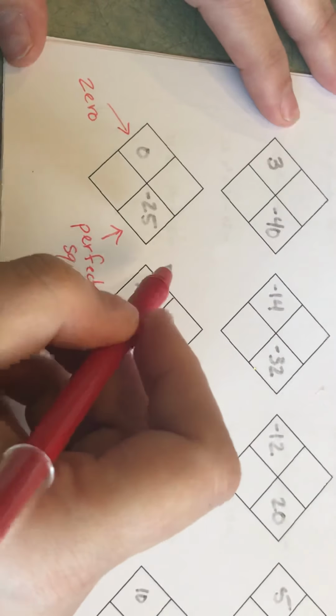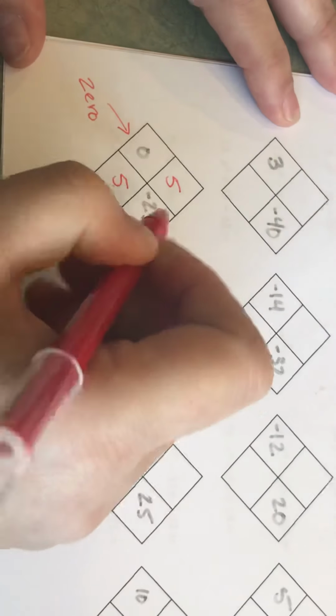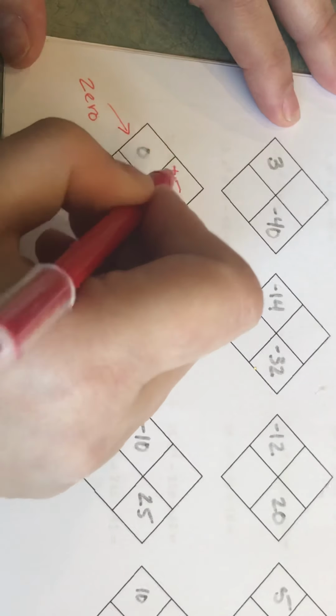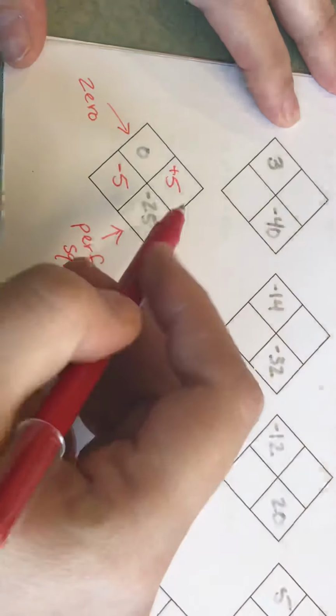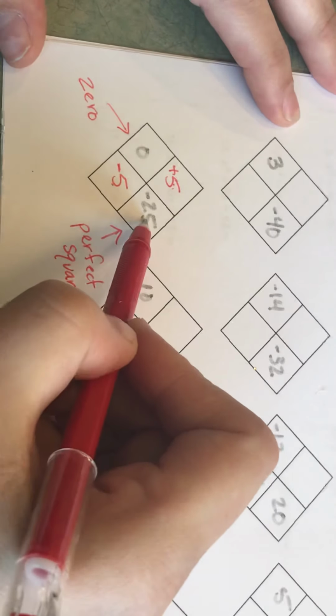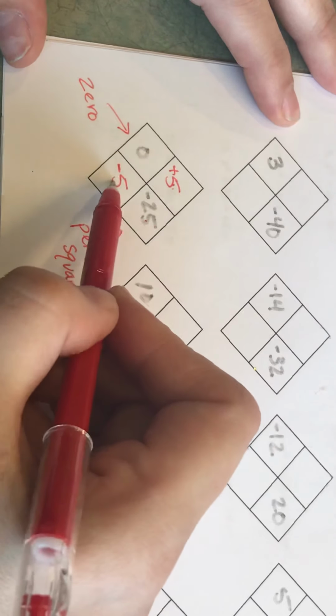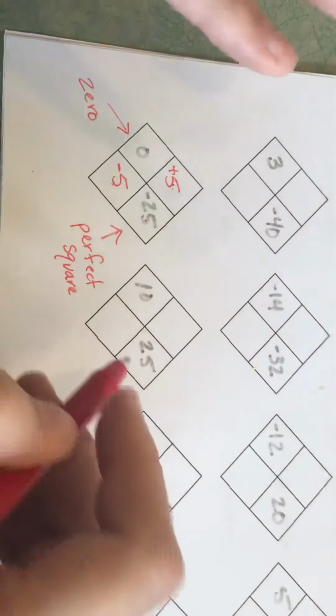Then we know that these are going to be the same number, but one of them will be positive and one will be negative. Positive 5 times negative 5 is negative 25. Positive 5 plus negative 5 is 0.